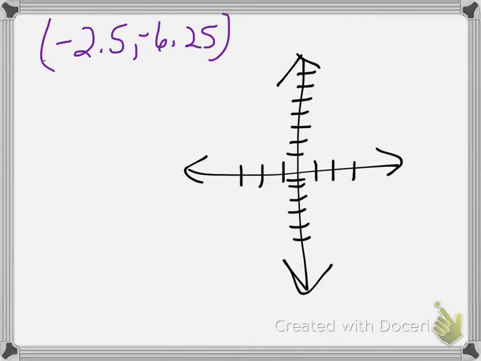Be much better if I had graph paper. Okay, so negative 2.5 is about here. Negative 6.25 is down 1, 2, 3, 4, 5, 6.25.